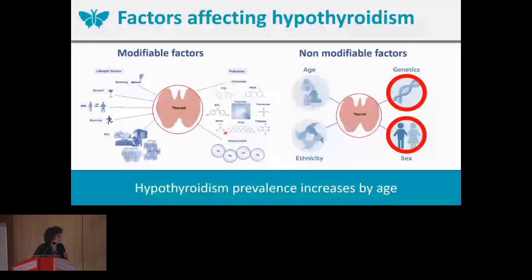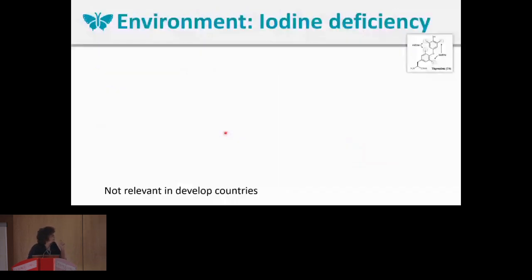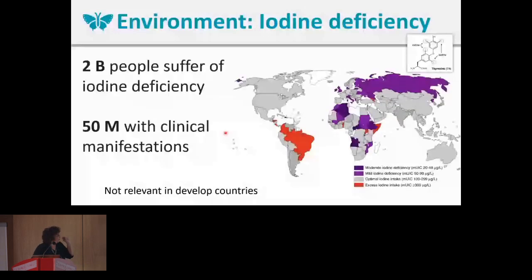So hypothyroidism, indeed, prevalence by age becomes much more prevalent. So just to say, because I mentioned the environmental aspect, in the world, there are 2 billion people that are suffering from iodine deficiency. Iodine deficiency, I showed you the hormone. They do have, I didn't mention it specifically, a lot of iodine. Actually, T4 is 4 iodine, T3 is 3 iodine, sorry.